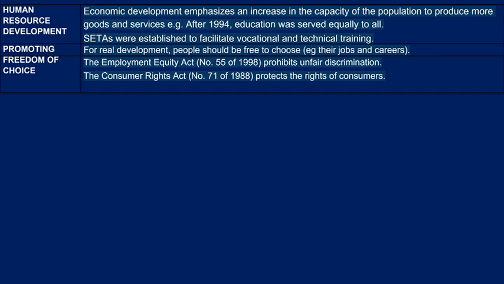Promoting freedom of choice. For real development, people should be free to choose, for example, their jobs and careers. So the Employment Equity Act number 55 of 1998 prohibits unfair discrimination, and the Consumer Rights Act number 71 of 1988 protects the rights of consumers.